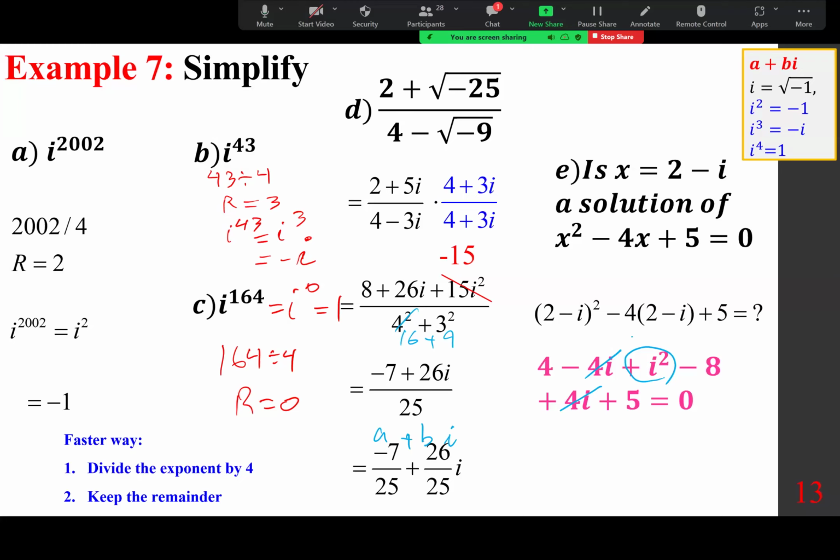This number becomes minus 1. Now 4 with negative 1 is positive 3. With positive 5 is positive 8. With negative 8 is 0. And the answer is yes. Because they do add up to 0, this is a solution.